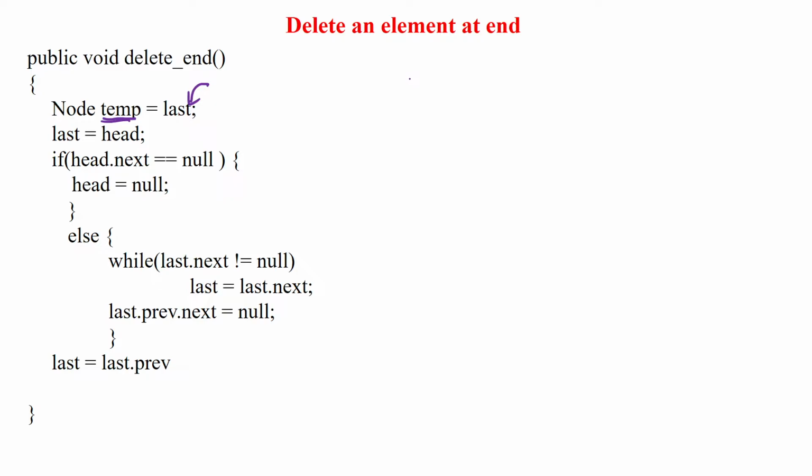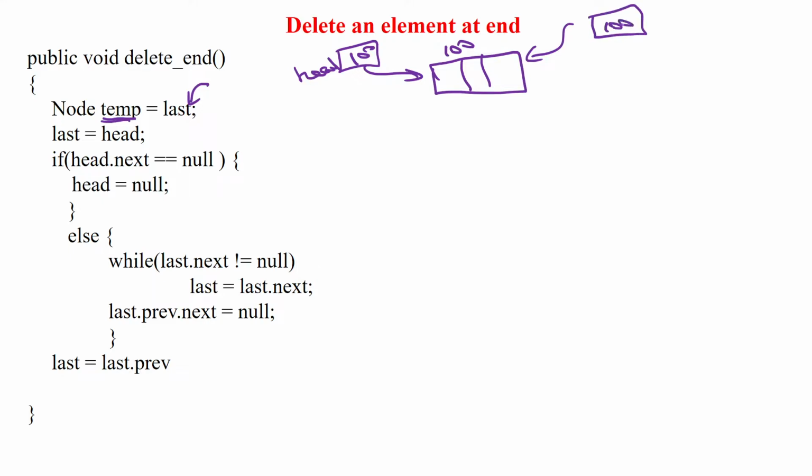Suppose I am having only one node in the list. This node has the address 100, so the head pointer is pointing to address 100, and the tail is also pointing to address 100.